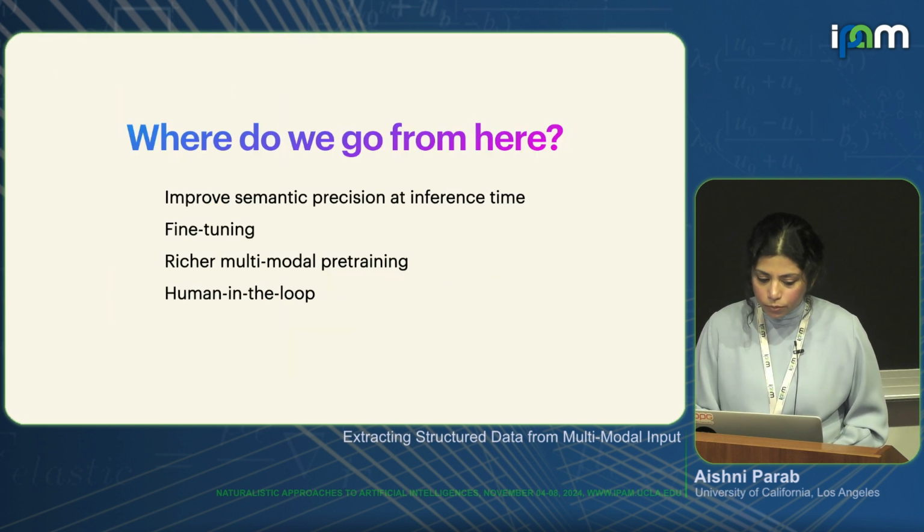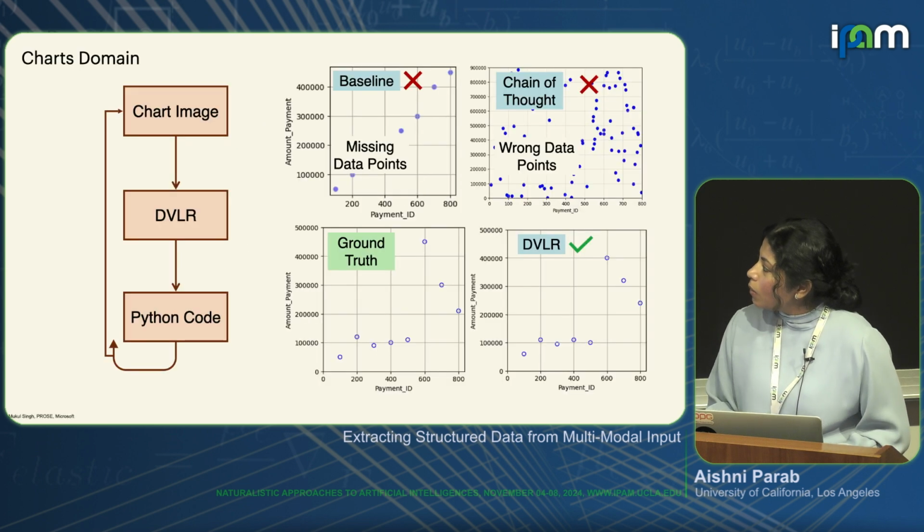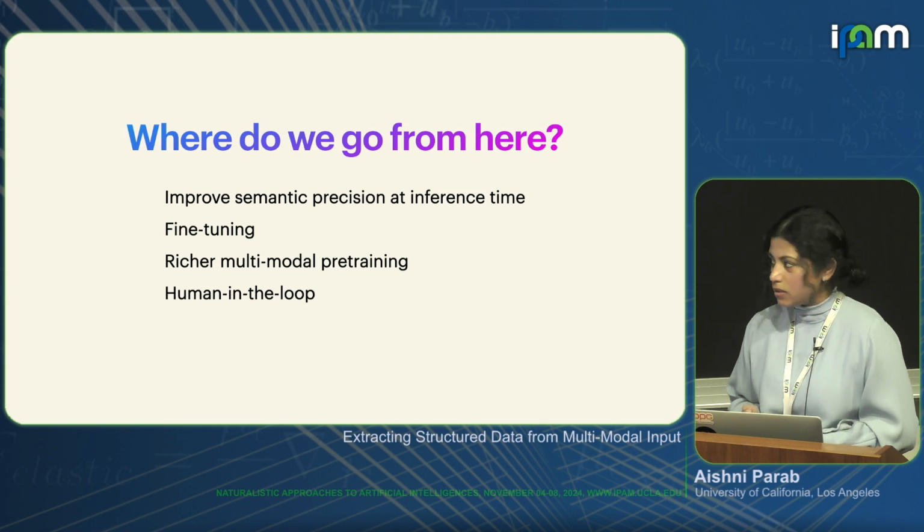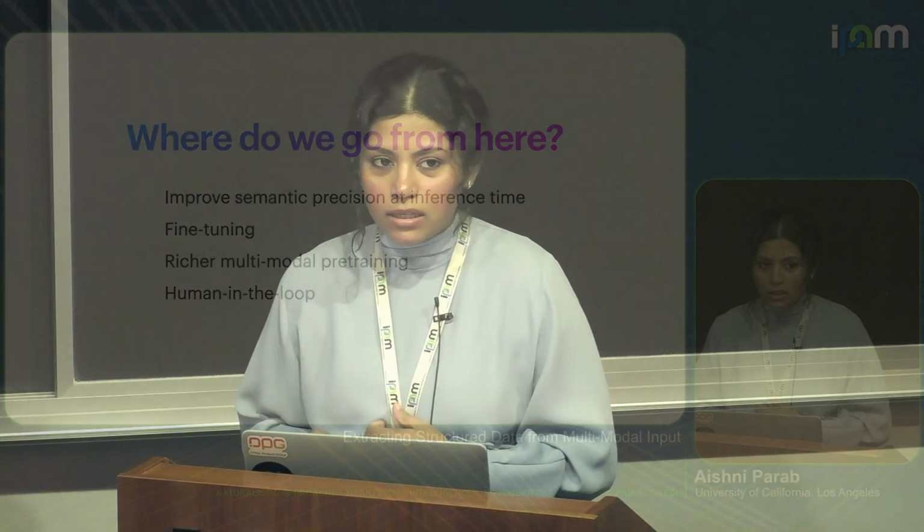So while DVLR is not phenomenal in its results, I think what's interesting here is that even without fine-tuning and with just inference time prompting, we can still get approximately 86% of correct tables extracted from images.